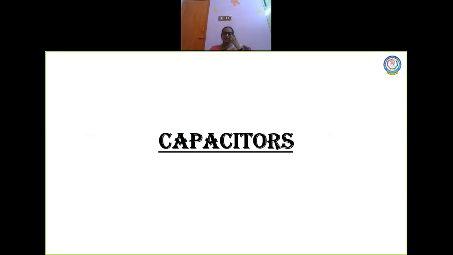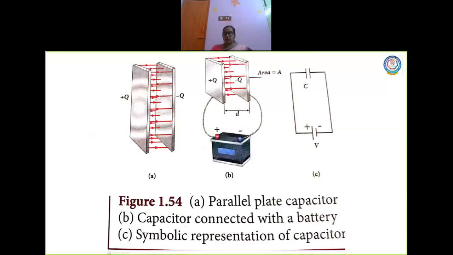Capacitors are used in many electrical appliances, for example fan and fluorescent lamp, and in digital cameras where you have a capacitor for the flashlight. This is considered to be a device which is used to store charges.